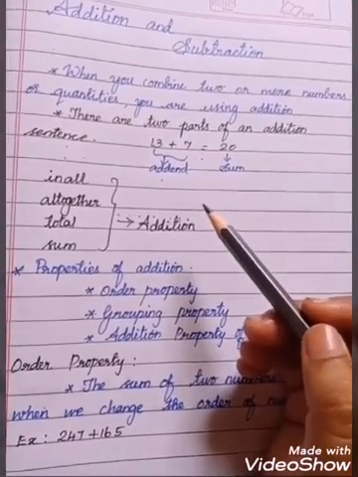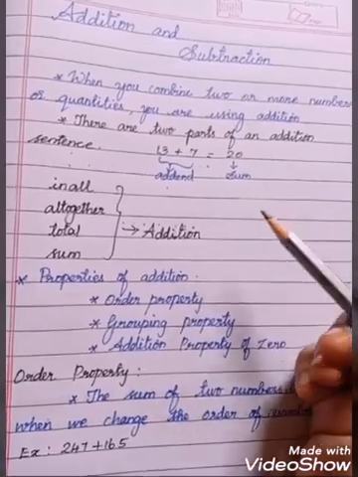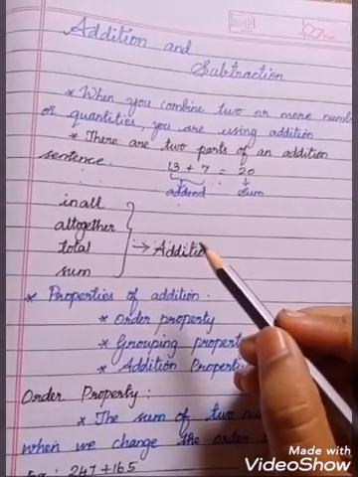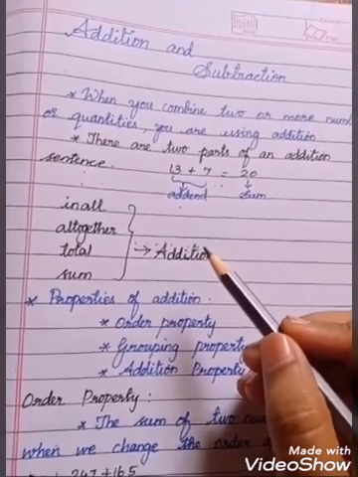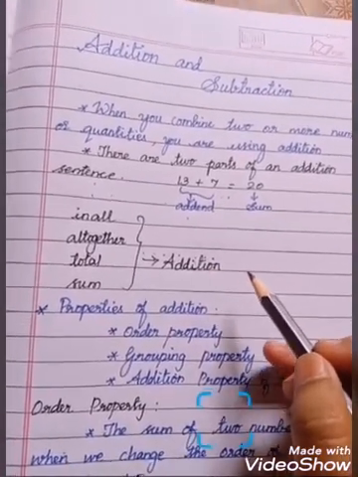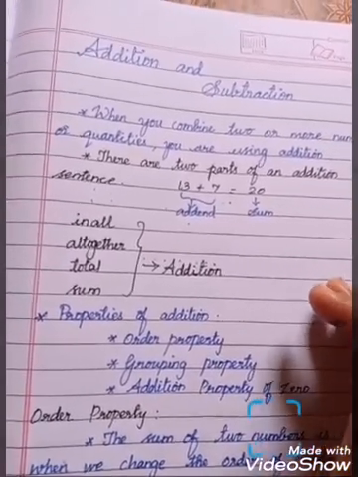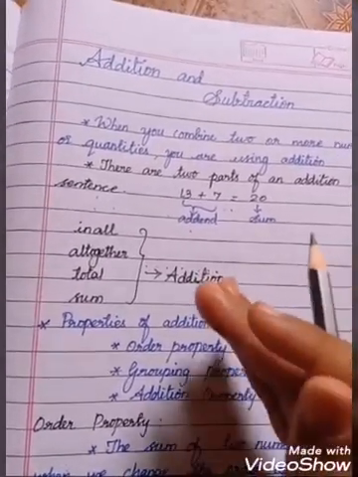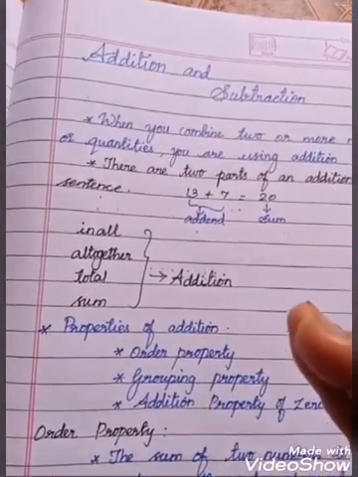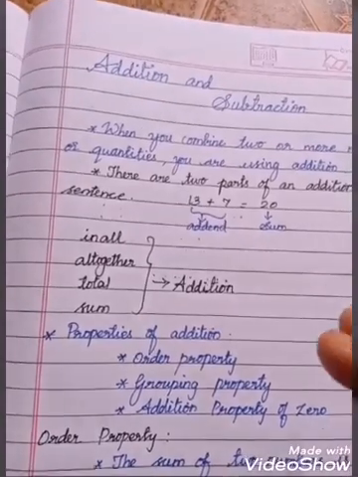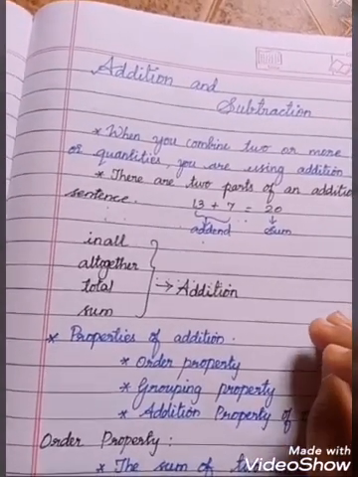Now let us revise the properties of addition. Children, first of all, we should know the meaning of property. Properties are the laws of maths. These are the rules of maths that we must follow to solve maths problems.